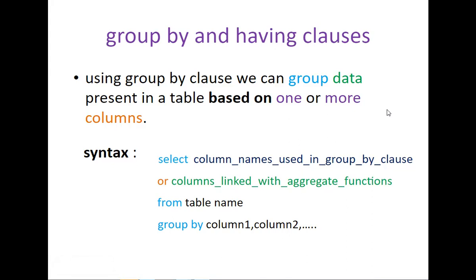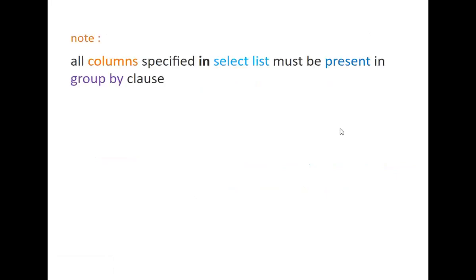From table name, group by, group list. So here the columns must be either present in the group by clause or present in the aggregate function, right? So how it works, we'll see.